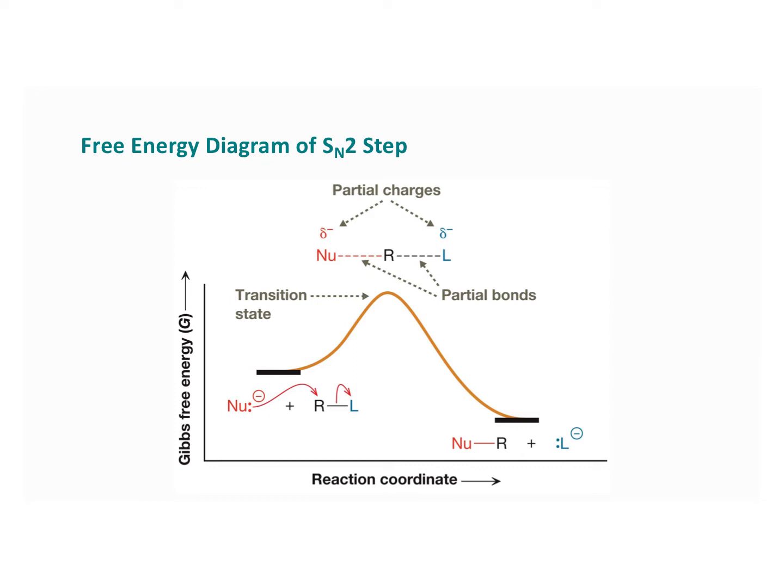Now, common leaving groups include chlorine, bromine, and iodine. Those are conjugate bases of strong acids, HCl, HBr, and HI respectively, because in each case, the negatively charged atom is either relatively large or very electronegative. So they make good leaving groups, and we see those very often.